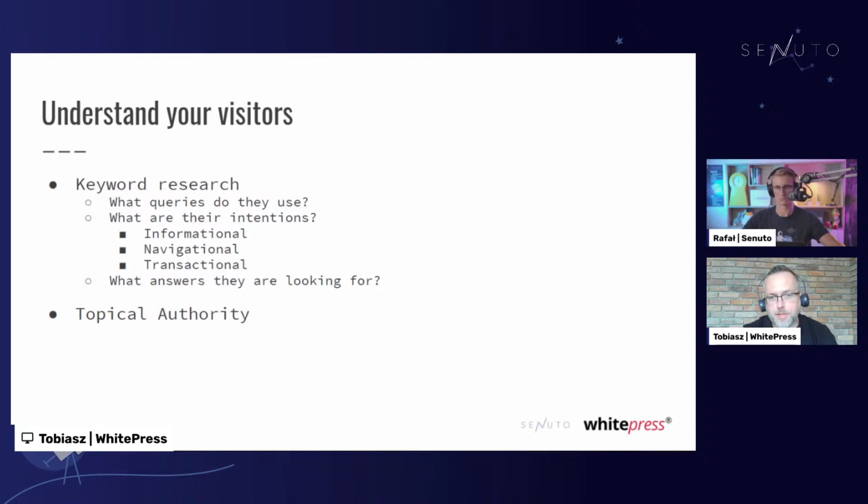So a topical authority is a concept presented by Google. And in the simplest words, if Google perceives a website as an expert in some niche or topic, this website likely will be pushed higher in Google search result. So, for example, if you are the website describing different mobile phones, and someone is looking for Apple Samsung comparison, your site is gonna be likely higher than some very general website about technical stuff or electronics.